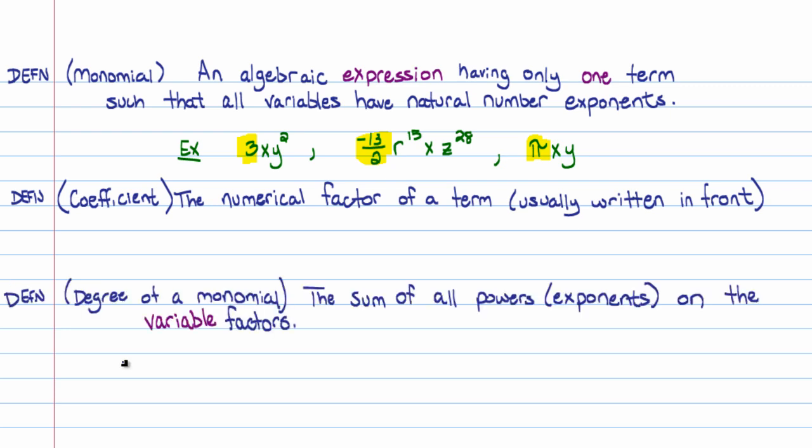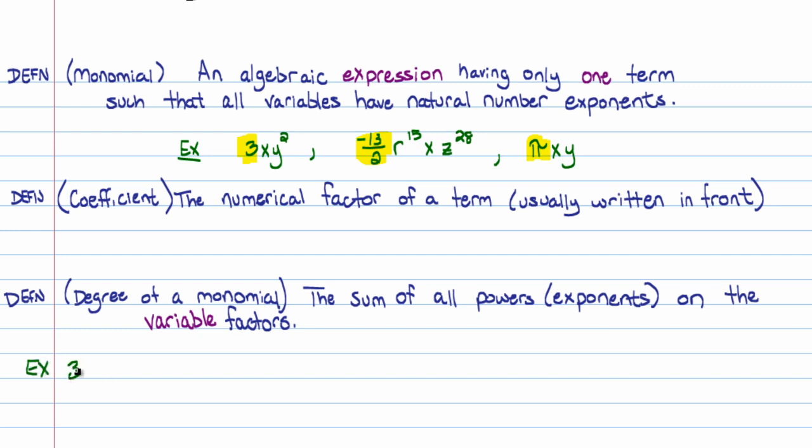This next definition really talks about how we can identify how powerful a monomial is. The fact is that some monomials are more powerful than others. And so this kind of helps us out. We have something called the degree of a monomial. It's the sum of all powers, which are the exponents, on the variable factors. So, for example, let me go ahead and switch to my example pen.